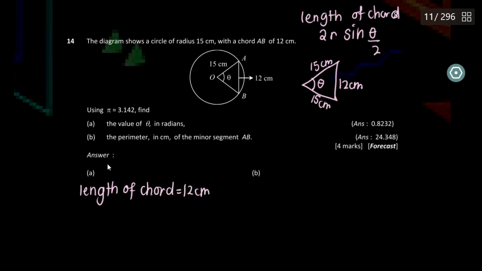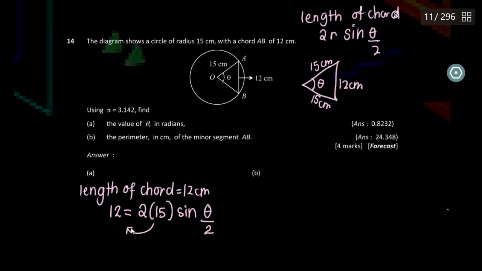we apply the formula. So this is going to be 12 equals to 2r, so 2 times 15 sine theta, theta we don't know, over 2. So 2 times 15 is 30.